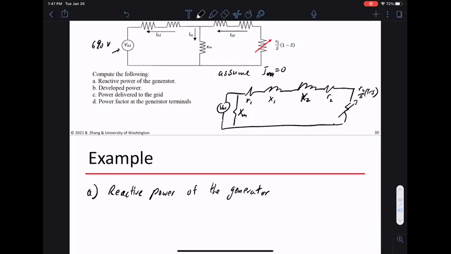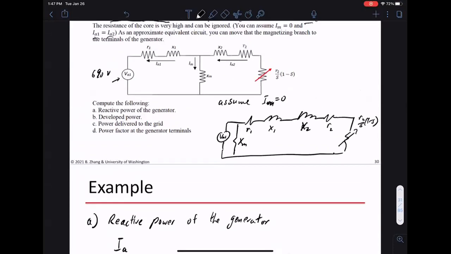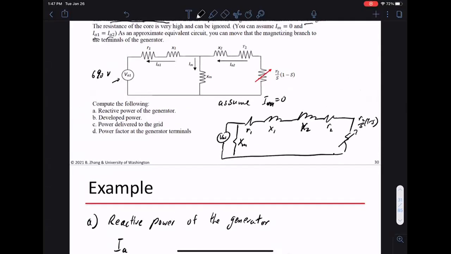Current, right? For all these kinds of problems, the first step is to find the current. Let's find IA, the current through the system. Let's say this is IA. Find this current.